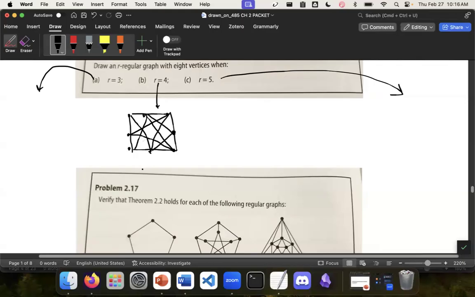That's not the edge. Oh gosh. Let's try again.